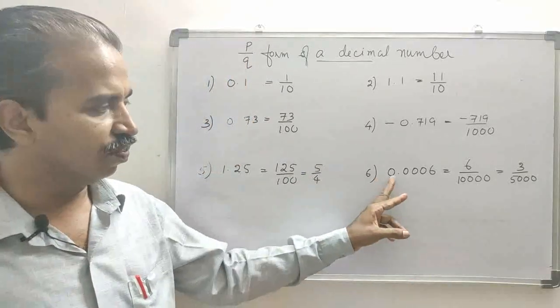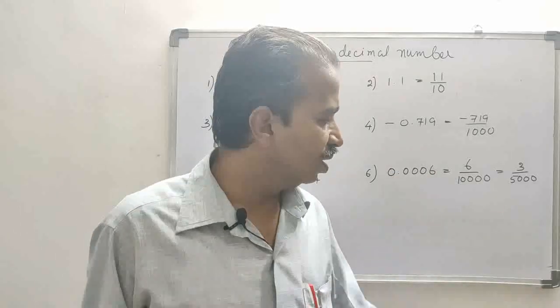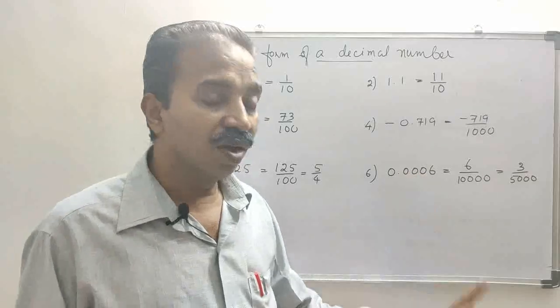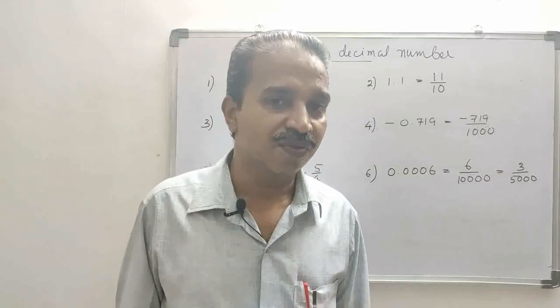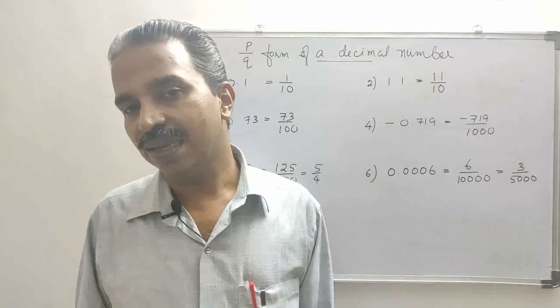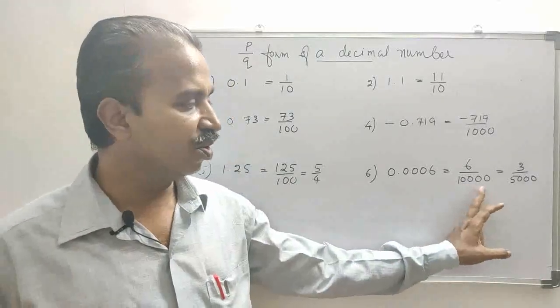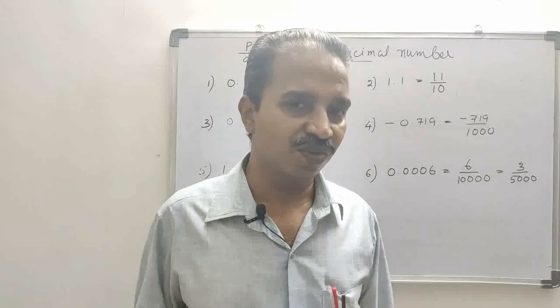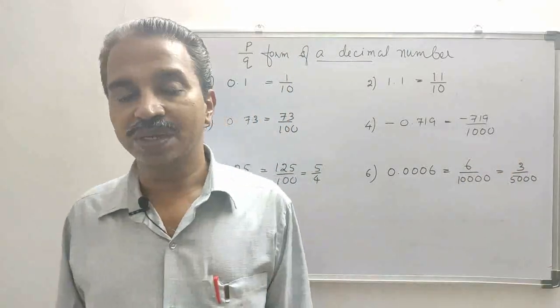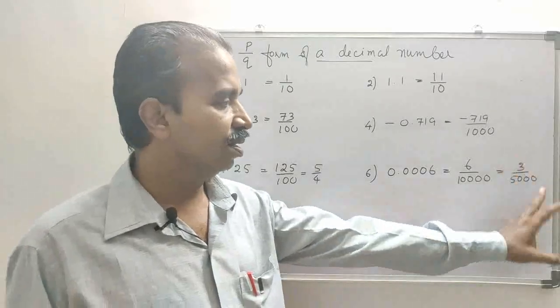In the sixth one, number without decimal point is 6, so that is the numerator, and in the denominator, as there are 4 digits after the decimal point, denominator is 10,000. That is 4 zeros at the right side of 1. There is 2 common in numerator and denominator, that is cancelled.